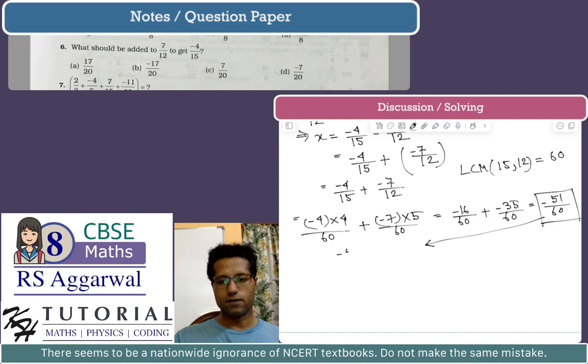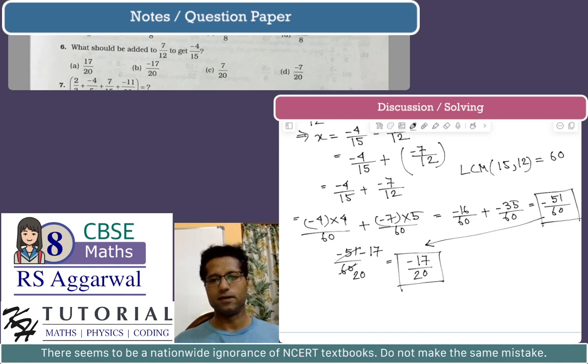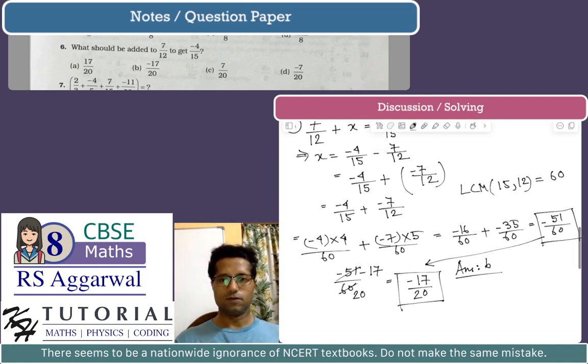If you divide both the numerator and the denominator by 3, you get minus 17 by 20. So this is the number that needs to be added to 7 by 12 to get minus 4 by 15. So the answer is choice B. So this was question 6.